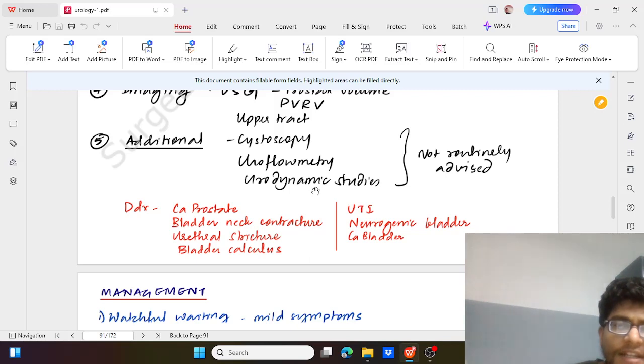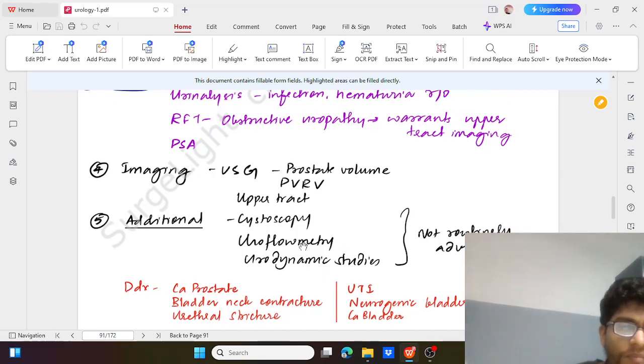Although it is not routinely used, it can be done to further augment the study, though we at least need some form of uroflowmetry or urodynamic study before going for intervention, that will be having a confirmatory report for paperwork.